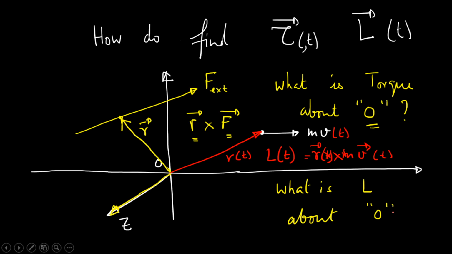The only small change I'm going to make to this program is, look, I'm interested in only tau z. That's easy because all the forces are supposed to be in the xy plane, and I'm interested only in Lz.